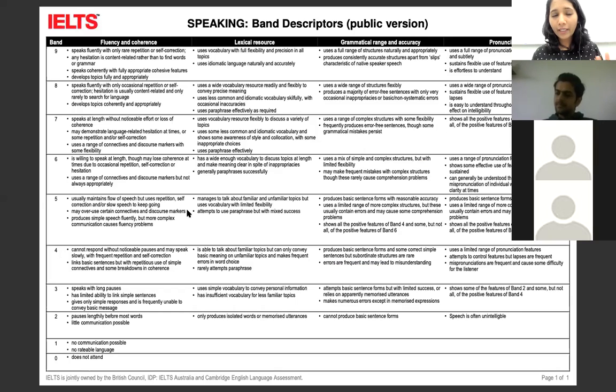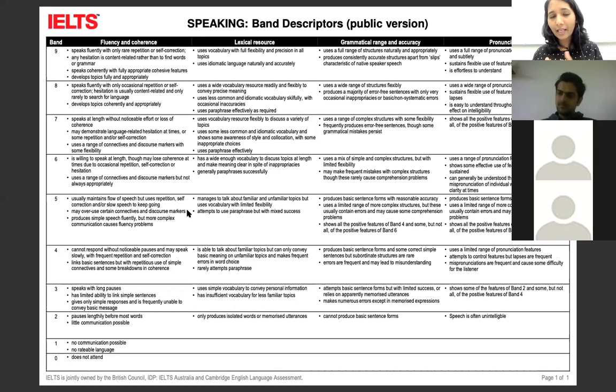Yes. So can you see my screen? So the general speaking is similar to the academic one? The general and academic tests vary only in reading and task 1 of writing. Writing task 1 and reading questions, only that is different.